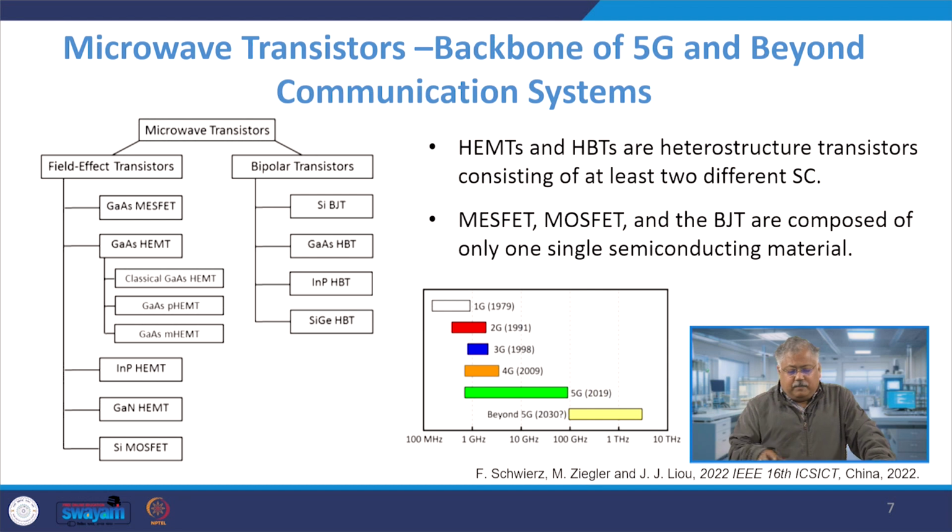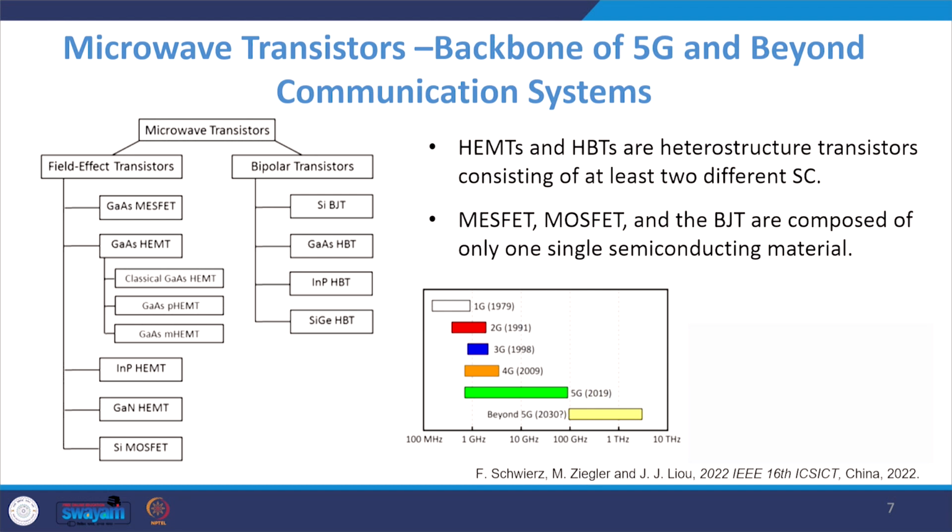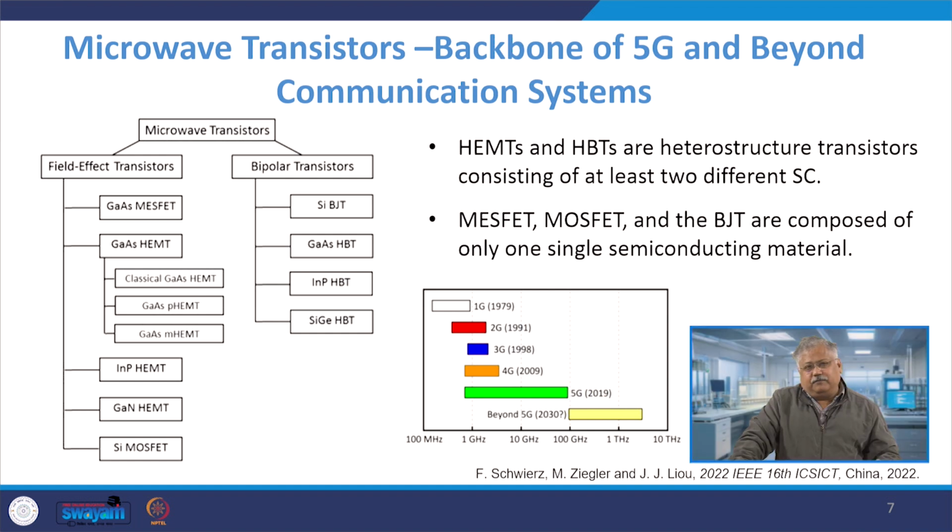So let's go one by one now, and then we'll go to the modeling of gallium nitride based HEMT. Most of the microwave transistors which we use are typically the backbone for all your communication systems for 5G and beyond, right? If you look at the left hand side schematic here, we have microwave transistors, which are basically transistors which work in the microwave region.